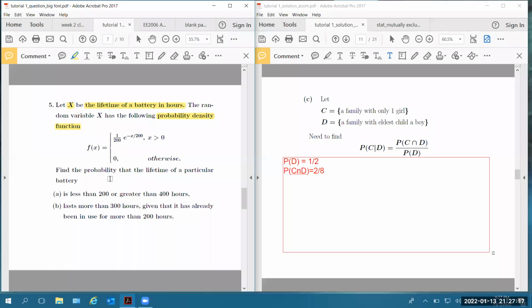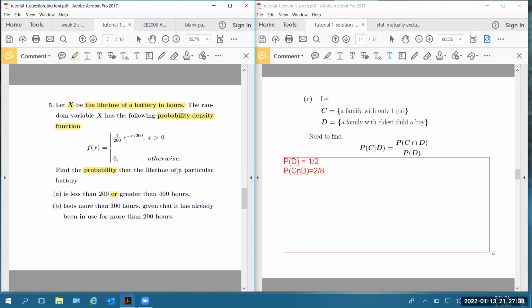All right. Now find the probability that the lifetime of a particular battery, meaning your capital X, is less than 200 or greater than 400 hours. So we are looking at part A first.